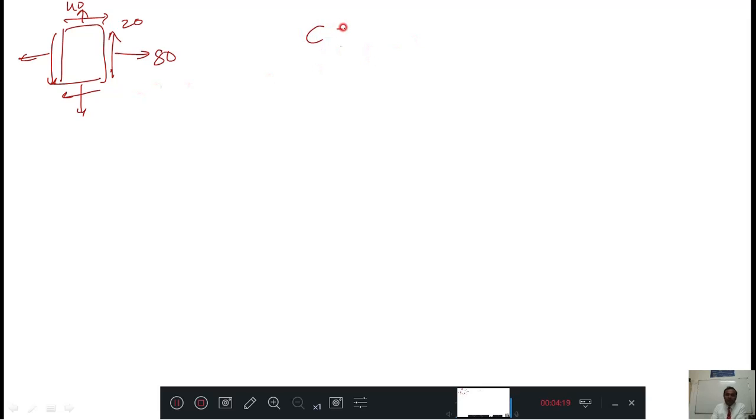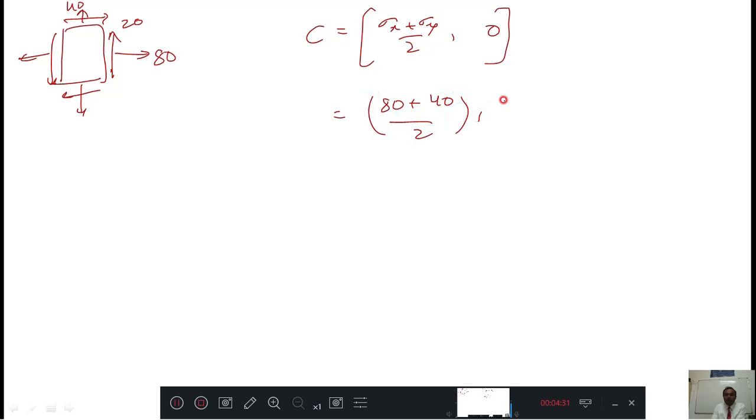Center equals sigma x plus sigma y by 2, comma 0. Therefore, sigma x is 80, plus 40, by 2, comma 0. That is 80 plus 40, 120 by 2, 60, comma 0 is the center. And what about the radius?